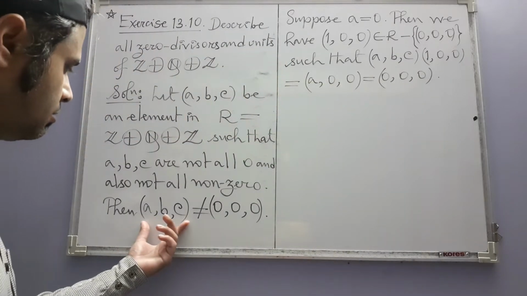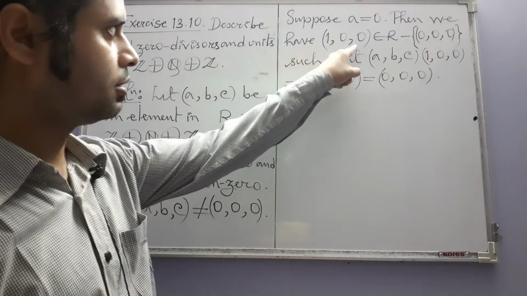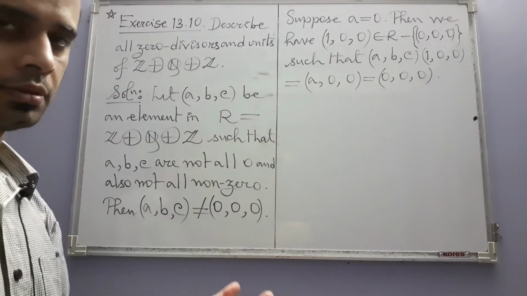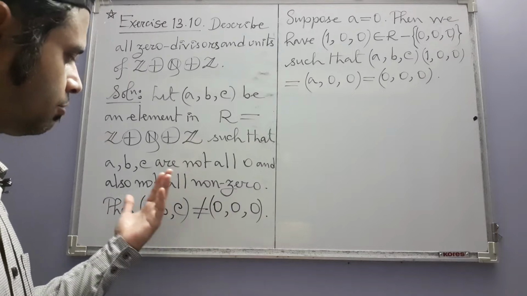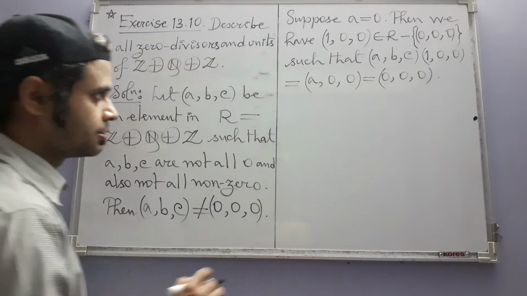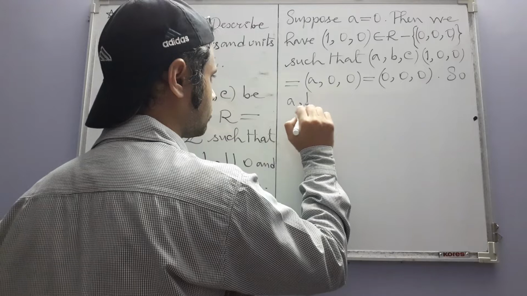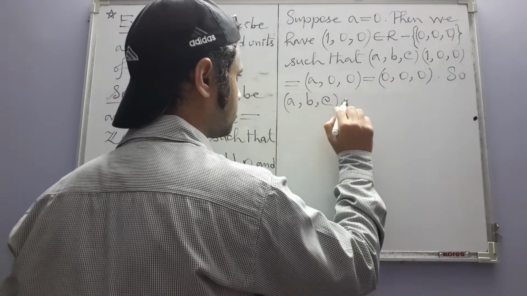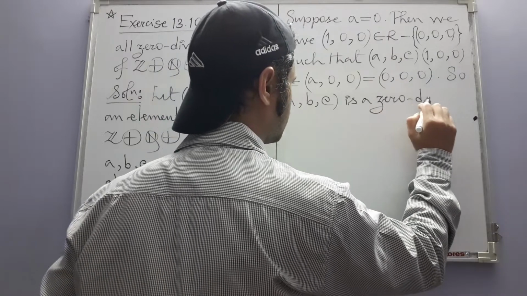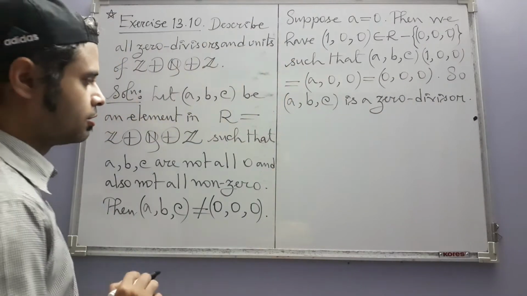That means our triple is a non-zero element in the ring for which we have found another non-zero element such that the product is 0, and this is precisely the definition of a zero divisor. So our triple is a zero divisor.